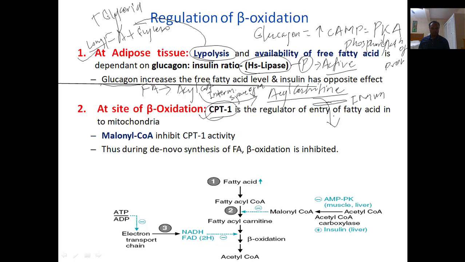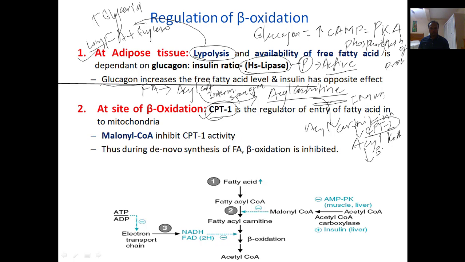Now what will happen after crossing of acyl carnitine? Acyl carnitine will again convert into acyl coenzyme A through CPT2, which is present in mitochondria.